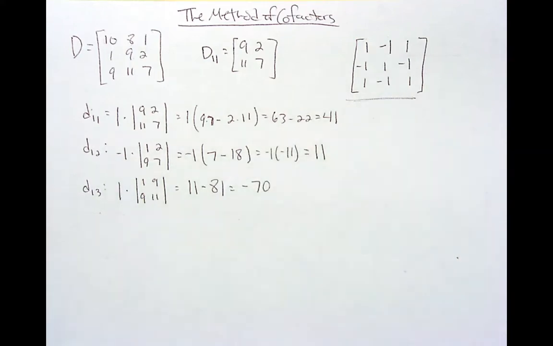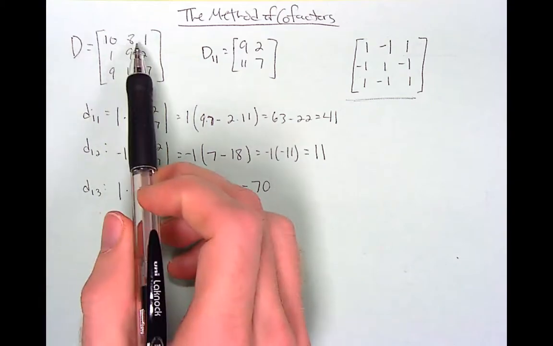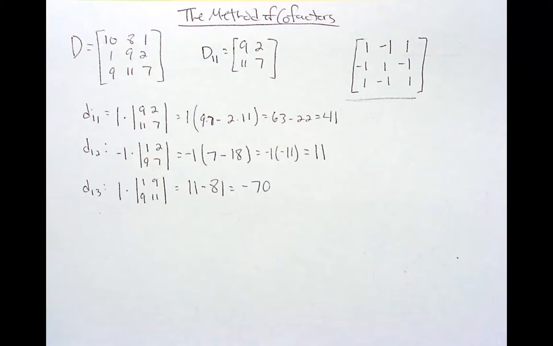So the determinant of the original matrix, D, is then calculated by multiplying every element of the selected row, so it's going to be 10, 8, and 1, by its cofactor and summing across the elements of the selected row.